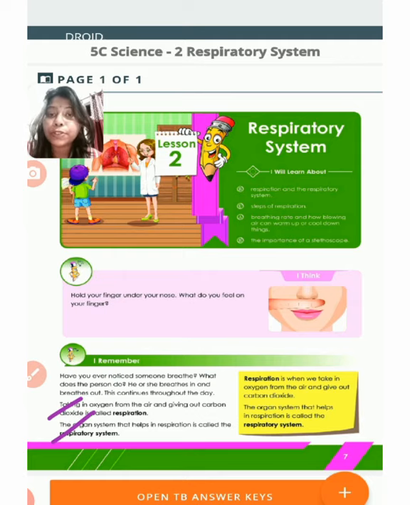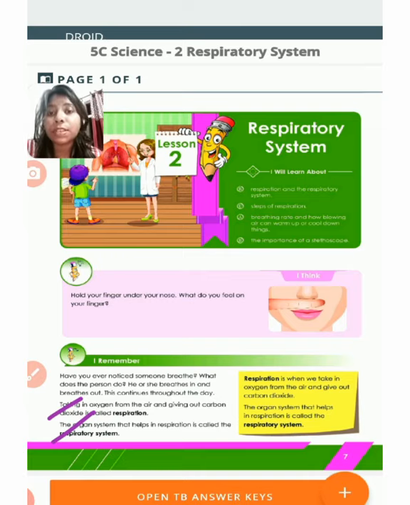Now what is a respiratory system? As we have already learned in the previous chapter, some organs are specified to work for some systems, to carry out some process in our body. Like the muscular system in the previous chapter, where some organs were engaged.